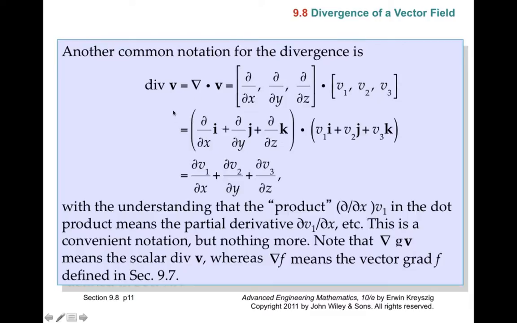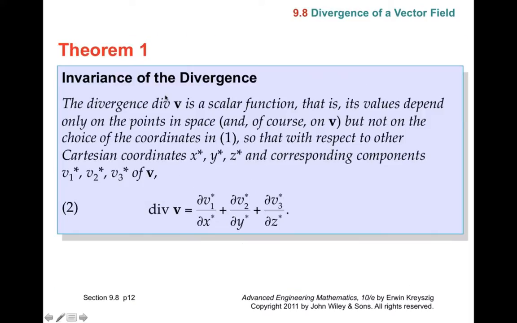So we always take the divergence on a vector. It does represent a rate of change of a vector field. And the divergence is a scalar function whose values depend only on the point in space. So they're independent of the coordinate system. You can take the divergence in other coordinates and you'll get the same number.